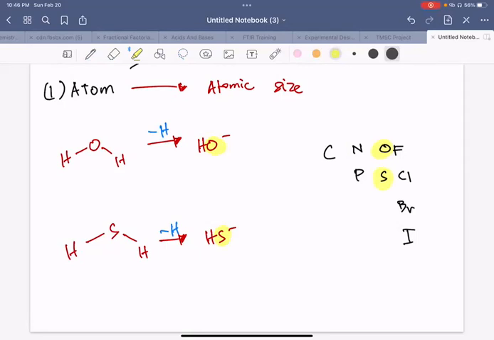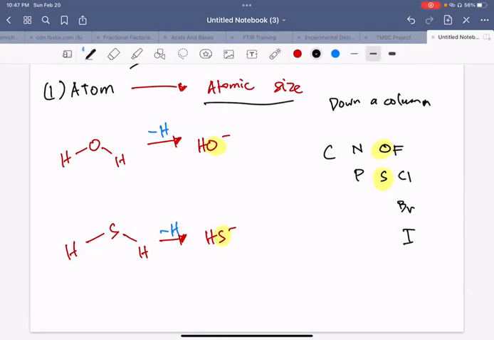It's not along the row. It's now down a column. And when you compare atoms that are down a column in the periodic table, you should use atomic size.